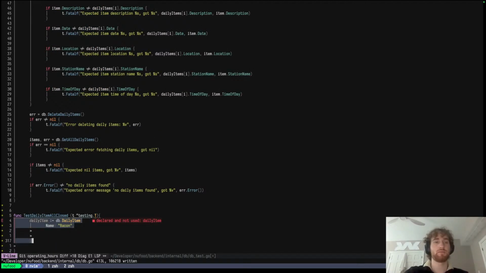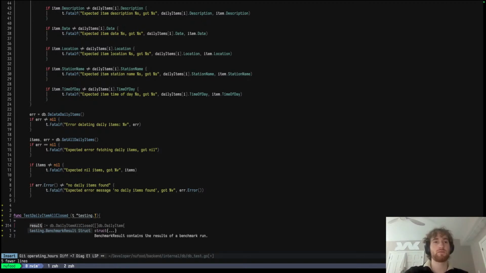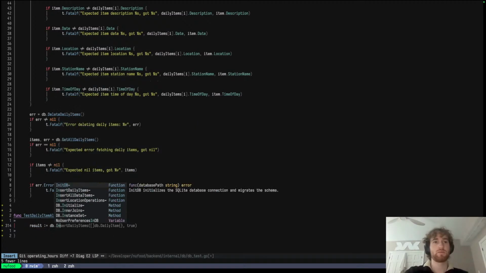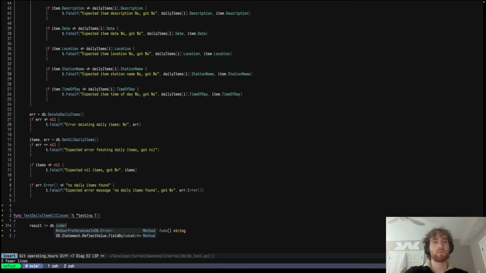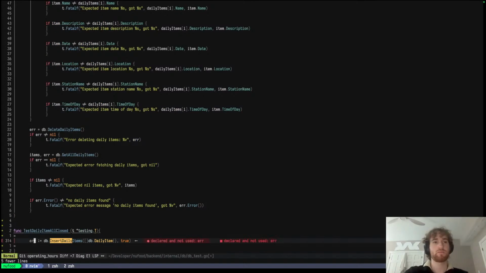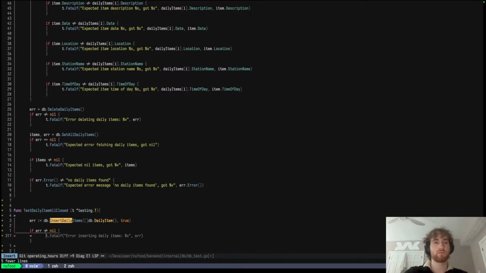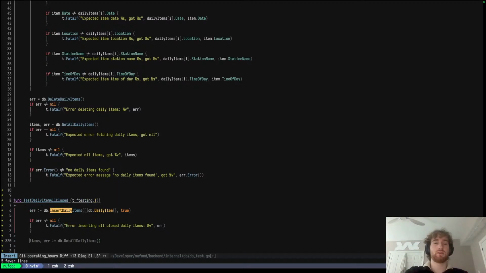So I just passed nothing into here. Because here we're just testing the insert, and then when we grab the daily items, let me just pull up.